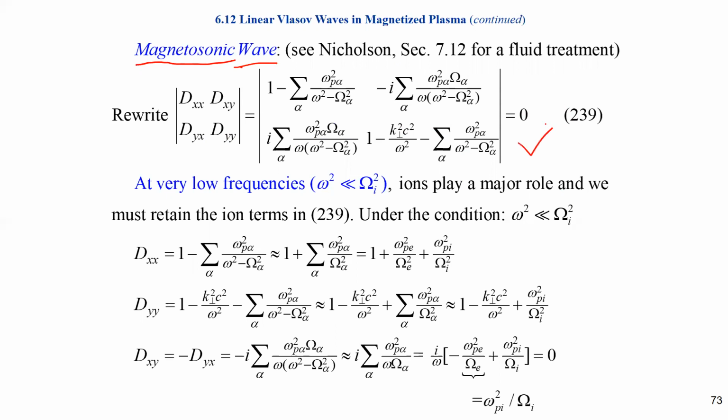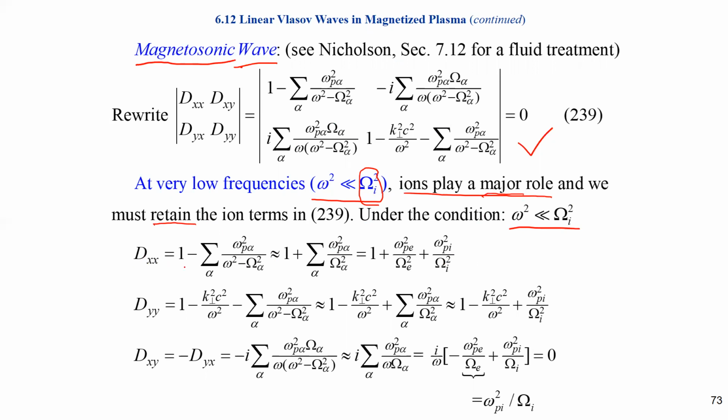At low frequency, omega is very, very small, much smaller than ion cyclotron frequency. Ion plays a major role, and we must retain the ion term under the condition.